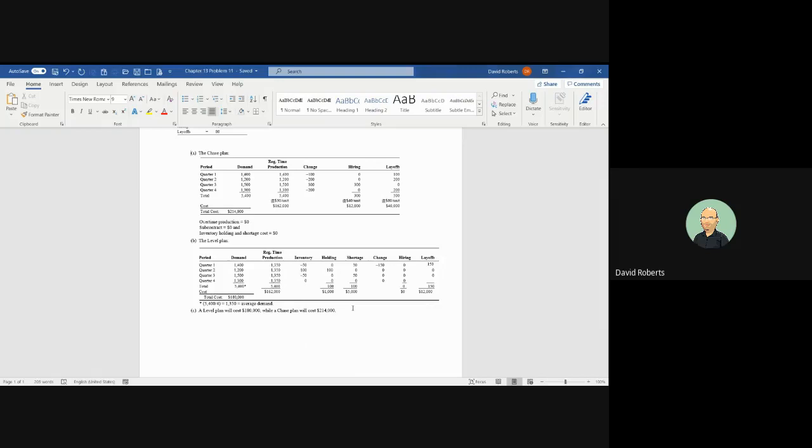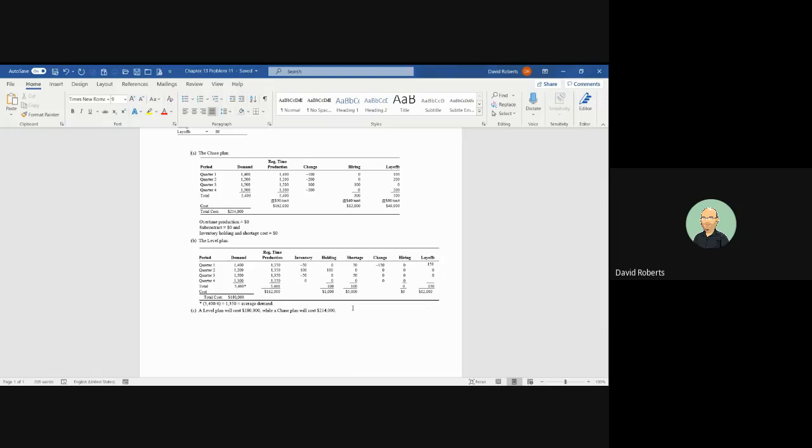In quarter number 3, you start the quarter with 100 units in inventory. You produce 1,350 units, so you have 1,450 available for sale. You have demand for 1,500, so once again, you have a shortage of 50 units. That will be, again, if you want to view shortage as negative inventory, back orders, backlog, whatever you want to call it. In quarter 4, you make 1,350, and then the demand is 1,300.